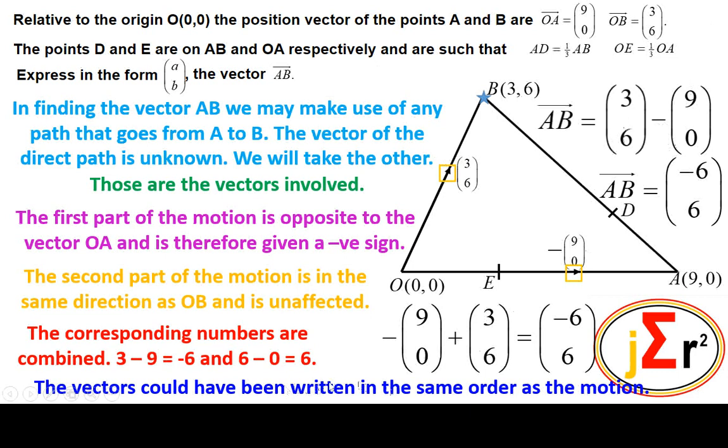The motion goes opposite to this one, which is the negative of 9, 0, and then we go in the same direction as this one, which we include as a positive vector. And as we know, we don't have to include a positive sign to depict a positive expression. That is why we did not place a positive sign there.